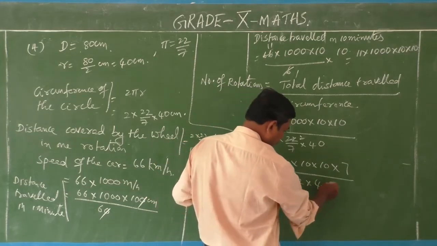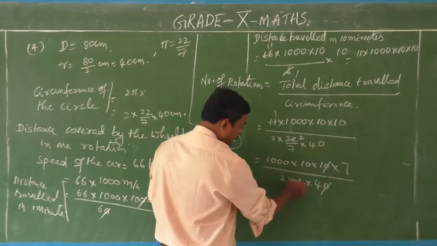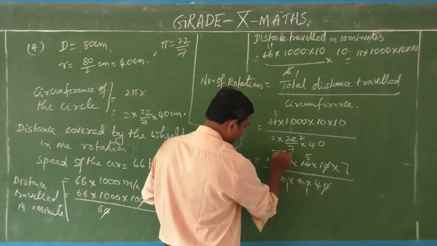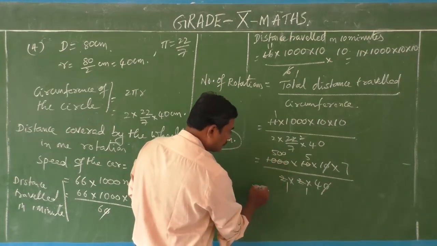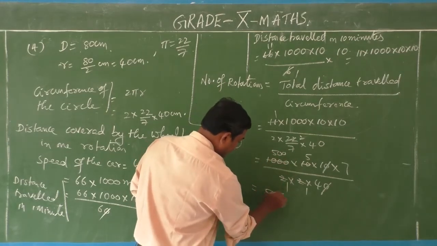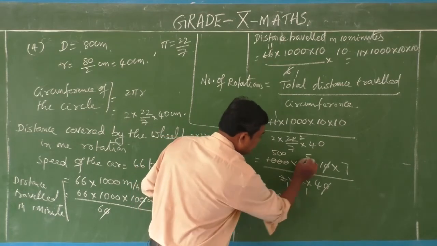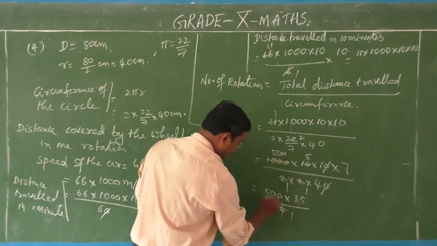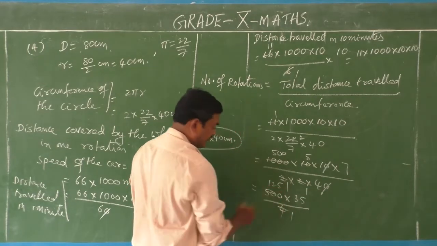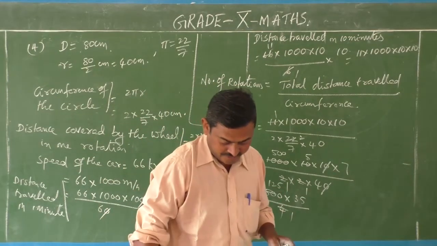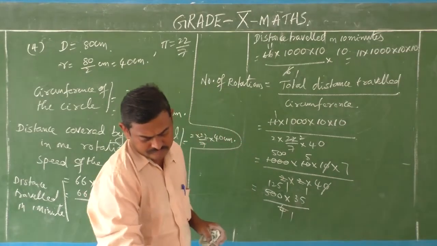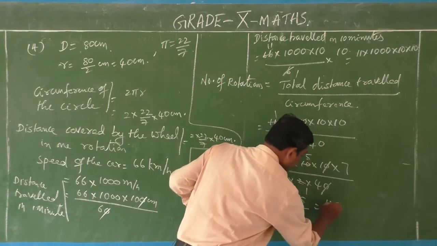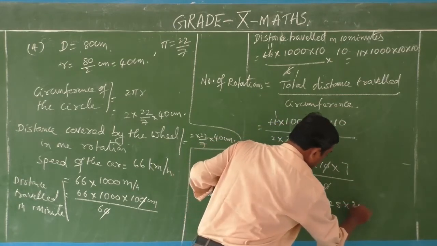Now the zeros cancel, 2 ones are 2, 2 fives are 10, 2 ones, 2 500s. That equals 500 into 5 sevens are 35 by 4. 4 ones, 4 125s. So 125 into 35.